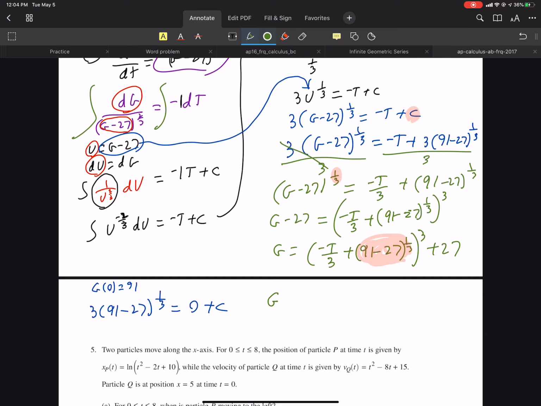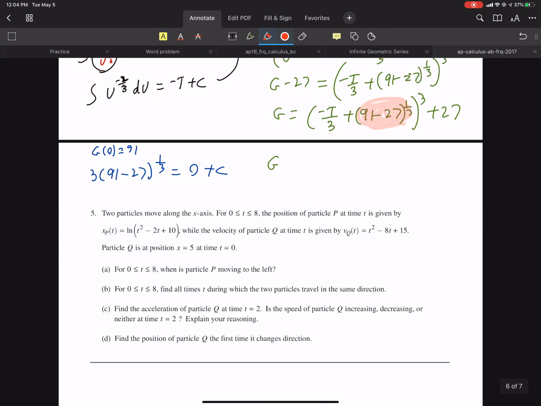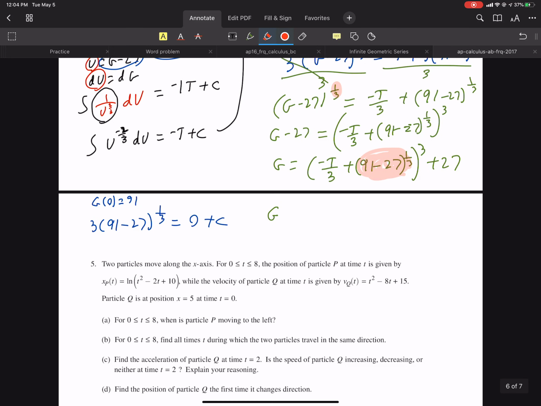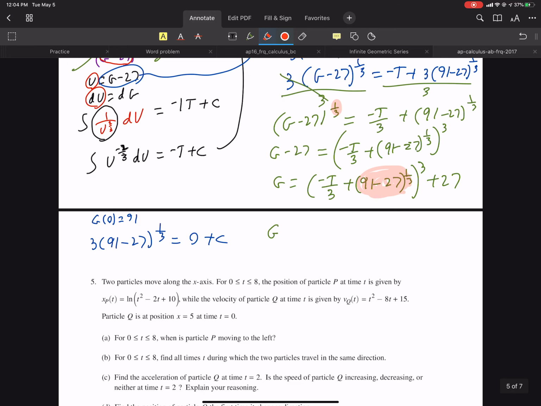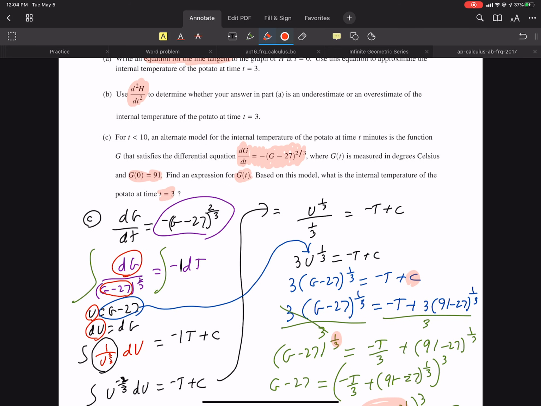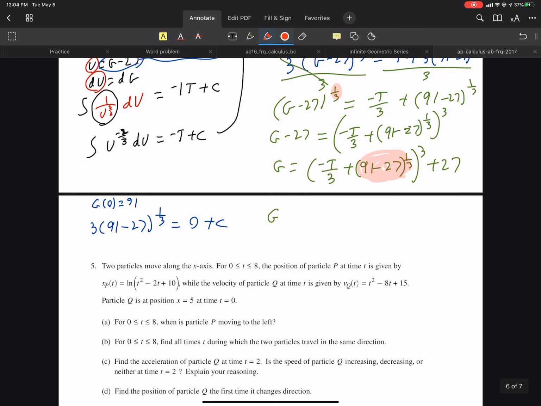So they want us now to approximate the temperature when t is 3. The first one we did a linear approximation, but actually, according to this model, this will be the actual temperature.